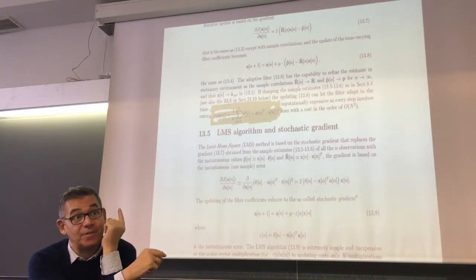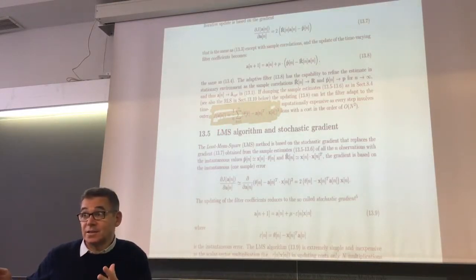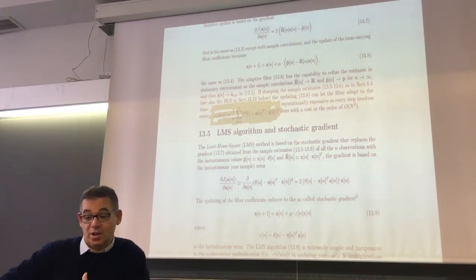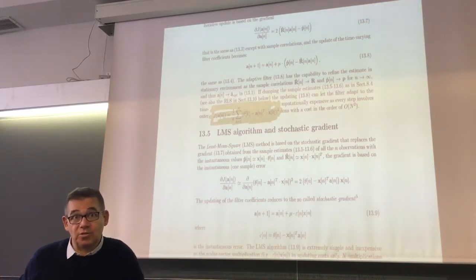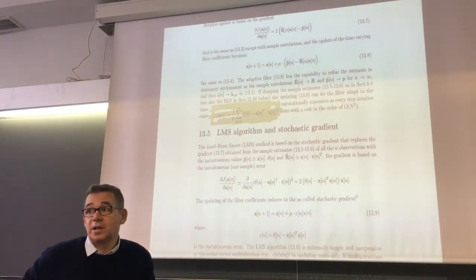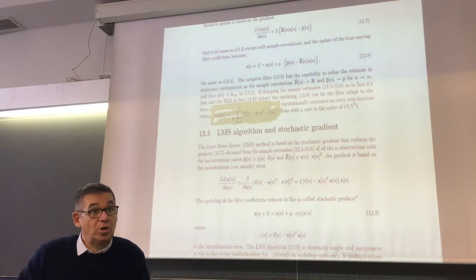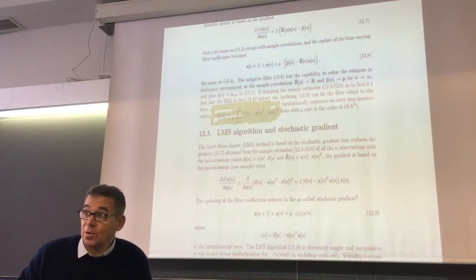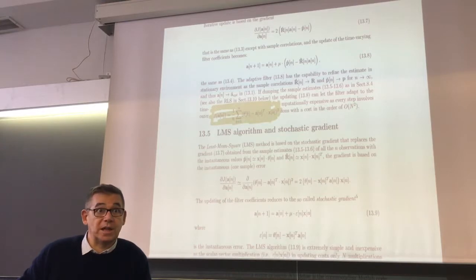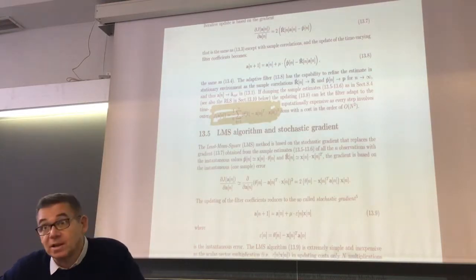So rather than summing n errors, n lowercase n, I have error 1, error 2, error 3, error 4, and so on up to error 100. You wait for 100, you calculate the sample covariance or sample autocorrelation, as it is zero mean. So you wait so long, then you make the filter.